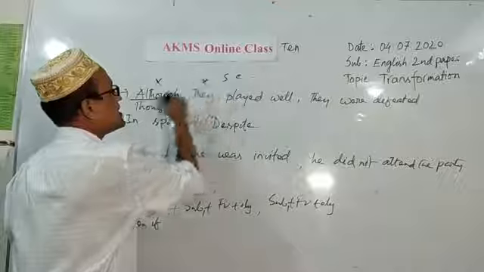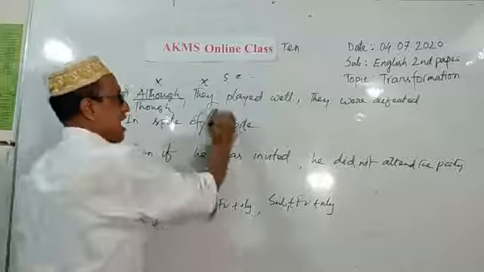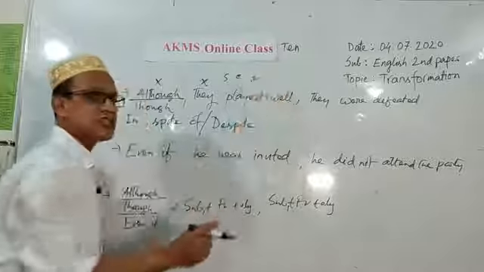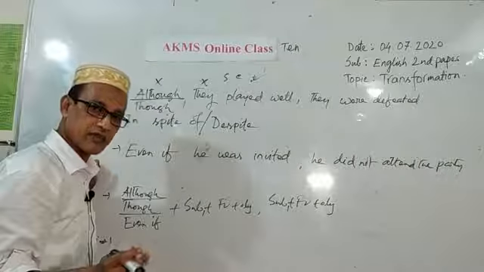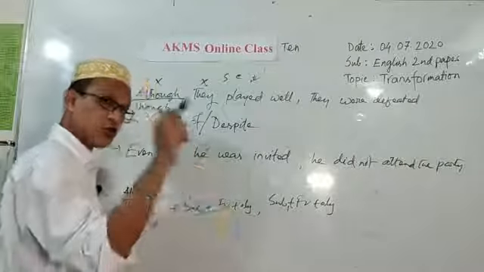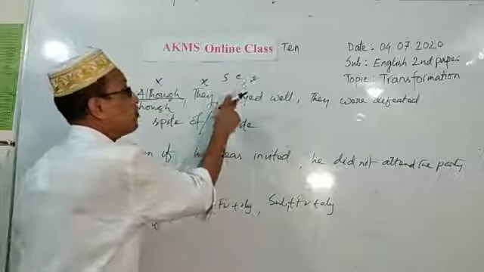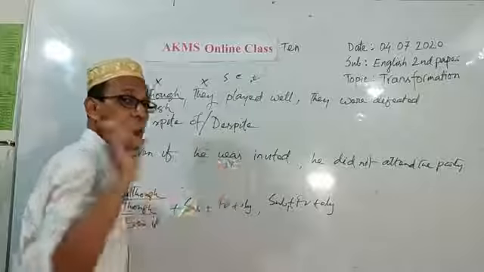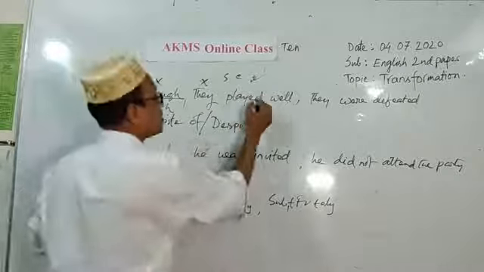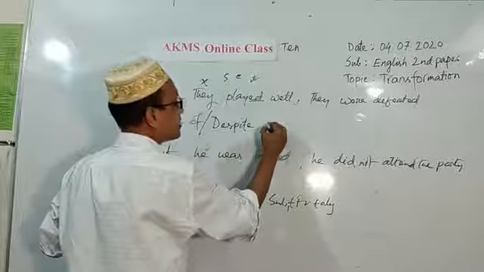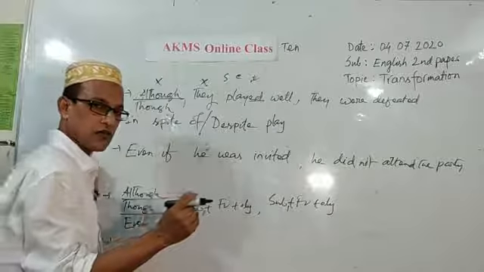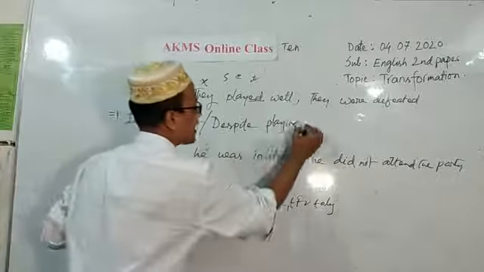Then I will erase the subject. After in spite of, I will use the ing form of the finite verb of the subordinate clause. Subordinate clause এর মূল যে ভার্বটা আছে, finite ভার্বটা আছে, সেই ভার্বের ing form ইউজ করব। So I will erase the past form, I will write the present form, the base form of the finite verb, and then ing.